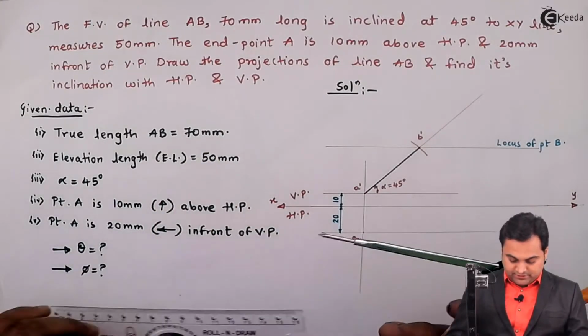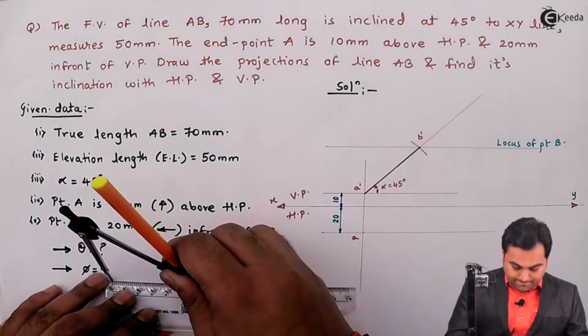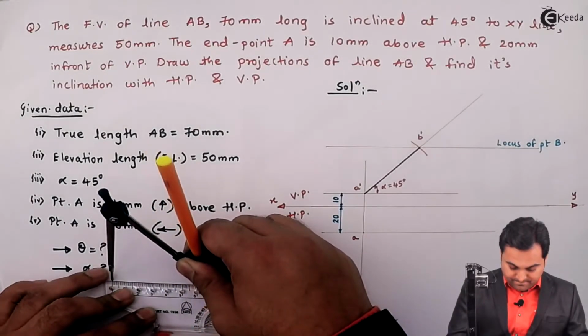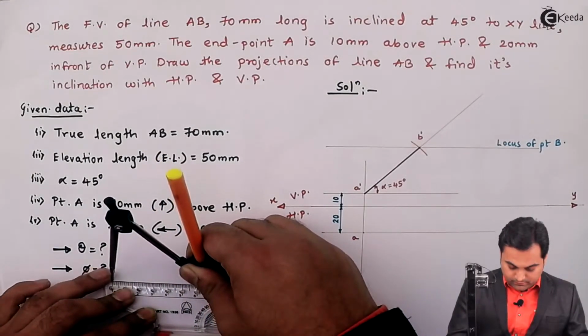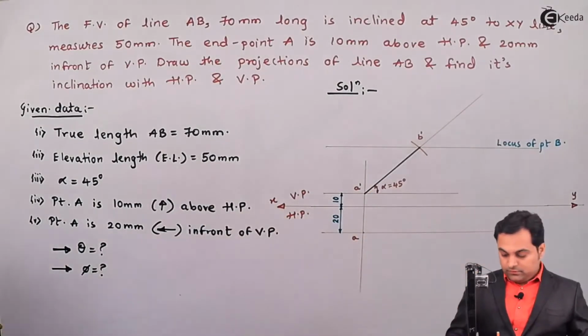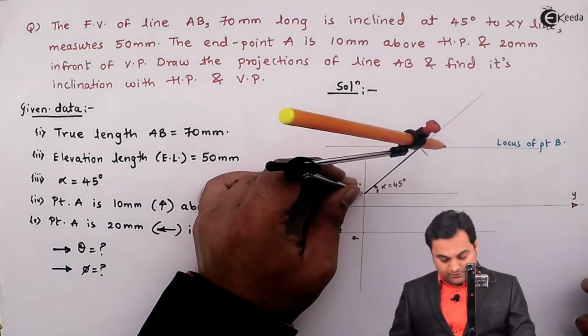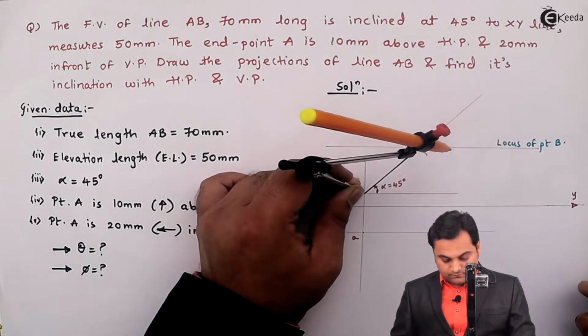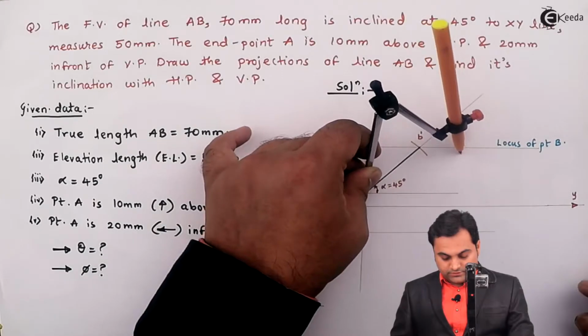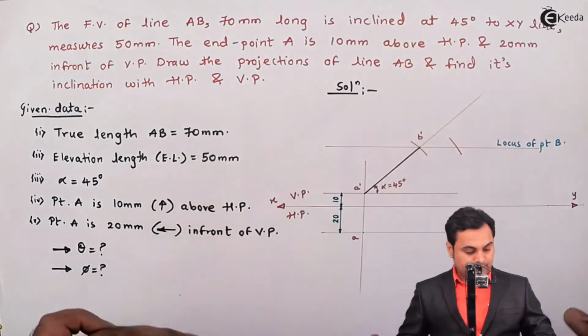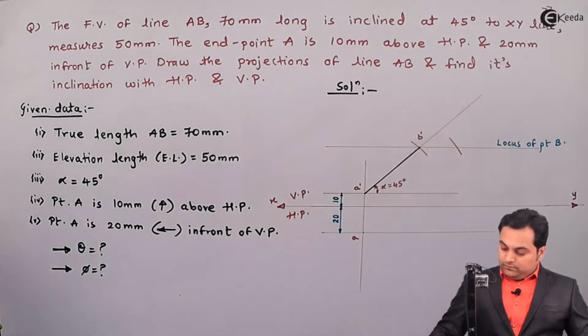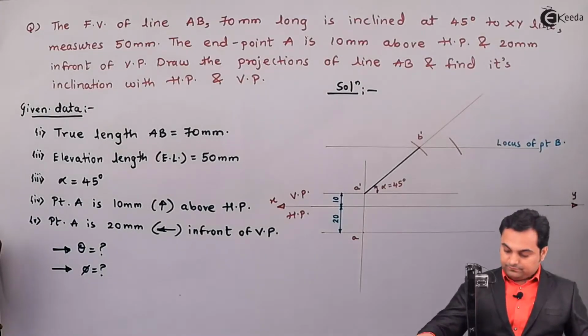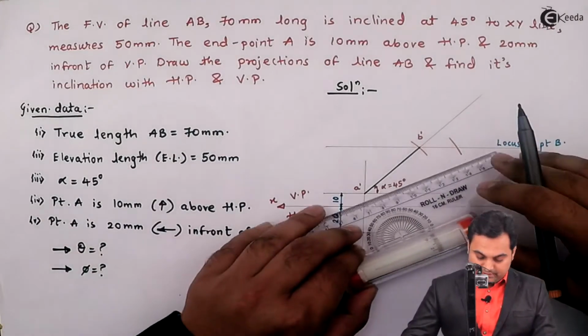So measuring that distance, seventy, keeping it on A dash, cutting this locus, then joining it with A dash.